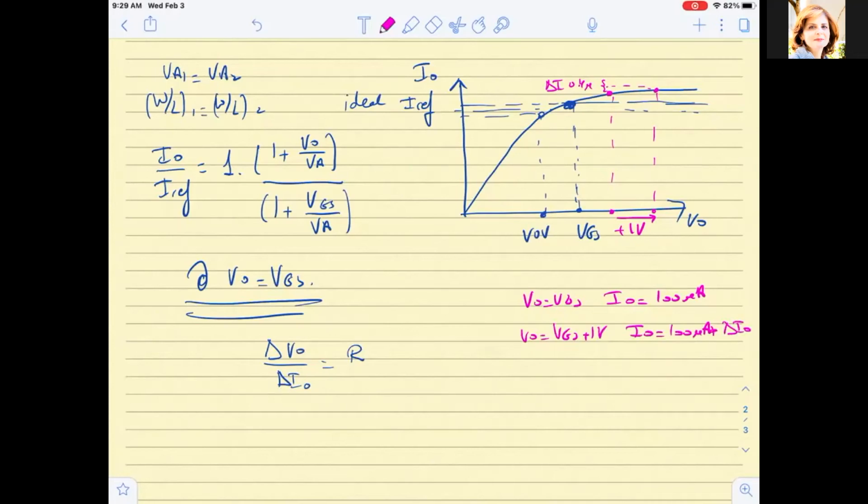So don't get confused by this relation, okay? If it grows by 1 volt, the current will grow by this much. If I know one point, I can know the other. But the point at which it is perfectly equal to I reference is satisfying this relation, okay? Clear? Okay, sounds good.